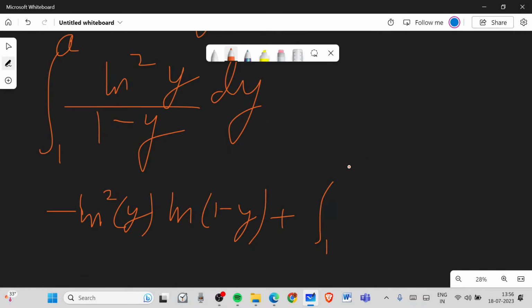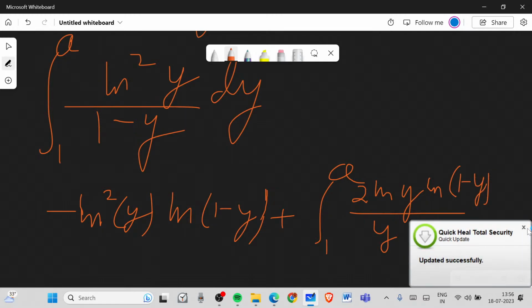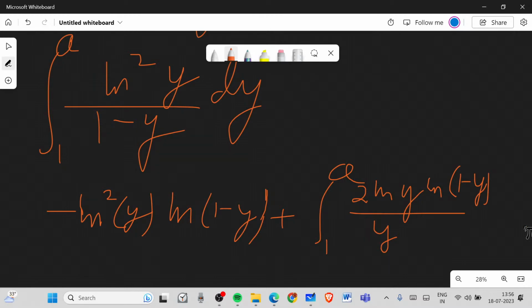We are first finding the indefinite integral, from 1 to a. It's 2 ln y by y times ln 1 minus y. I think all of my happiness is again shattered.